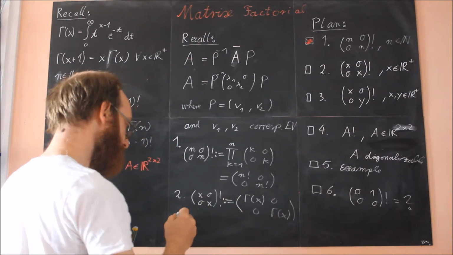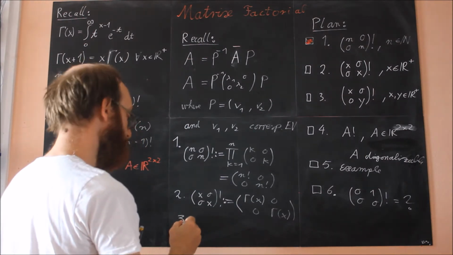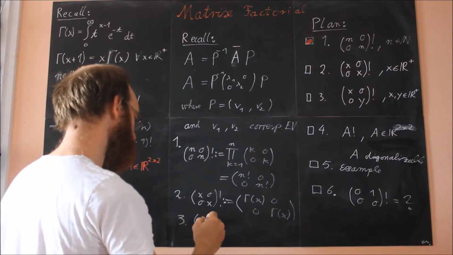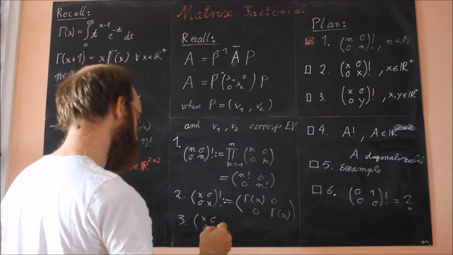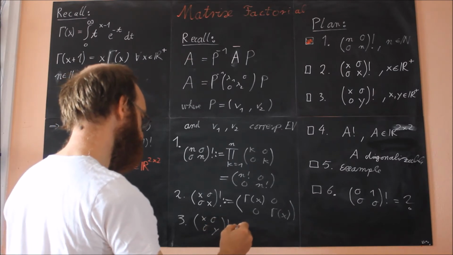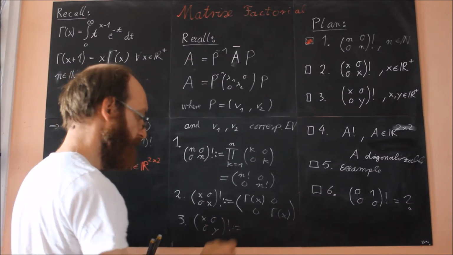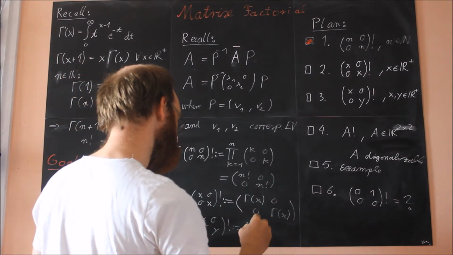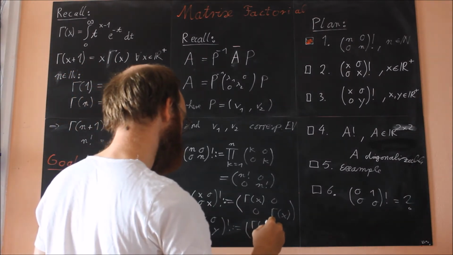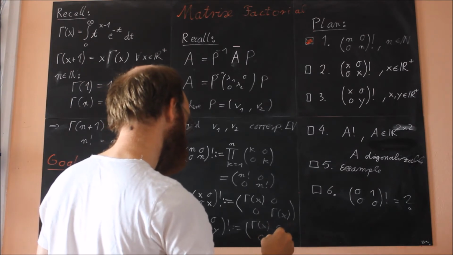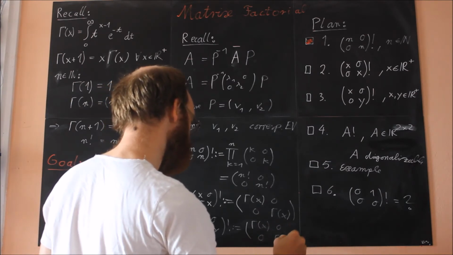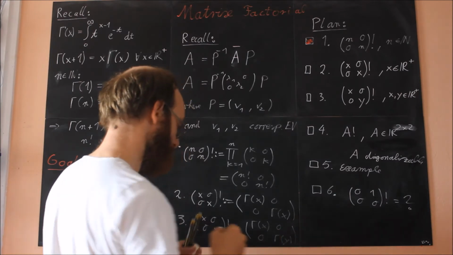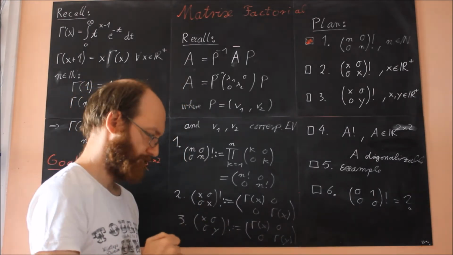And now you can see, if the diagonal entries are different, by the definition of matrix multiplication, this is also a very fine definition.